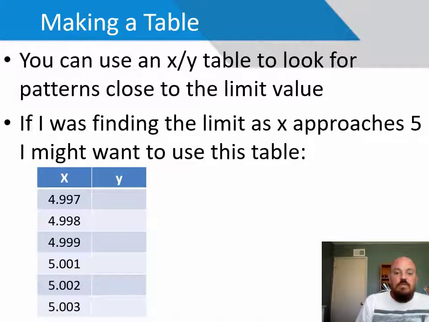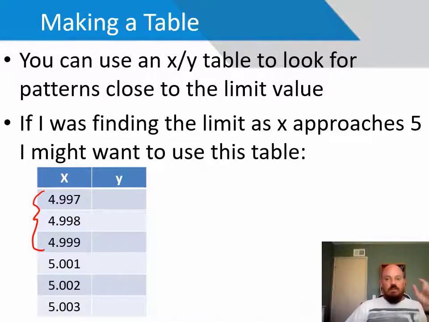So over here on the top, I picked 3 numbers that were very close to 5, and it's getting closer. I have 4.997, which is close, 4.998, a little bit closer, 4.999, even closer. So basically what you're looking for is a pattern. You're saying, as I look at these numbers, what's happening as I approach 5?